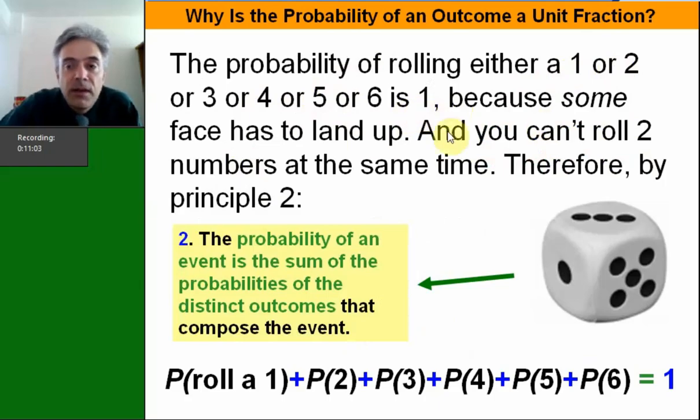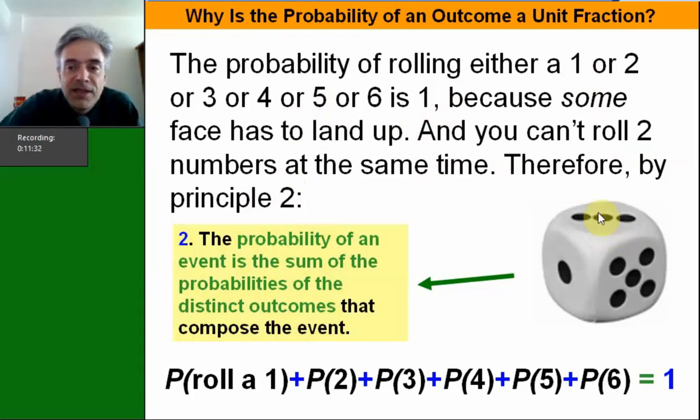Because some face has to land up, and you can't roll two numbers at the same time, therefore by principle number 2, the probability of an event is the sum of the probabilities of all distinct outcomes. So if you sum all of those 6 faces, 1, 2, 3, 4, 5, 6, all of them together, the probability of that happening is 1. So one face has to come up, right?